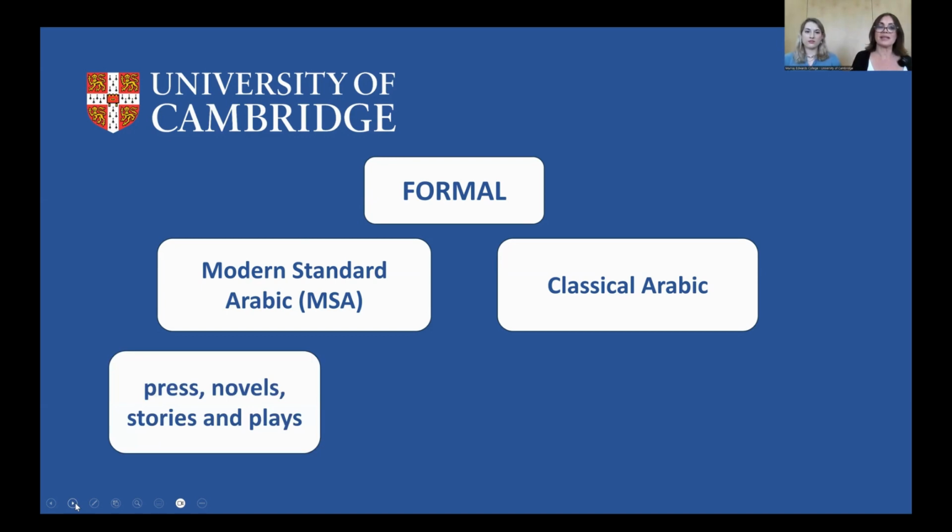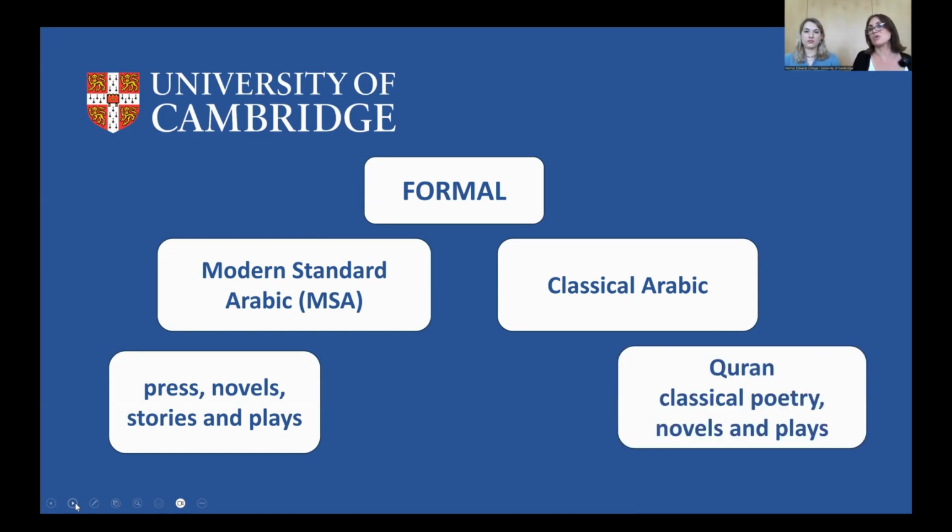Modern Standard Arabic is the language of the press, novels, stories, and plays, while Classical Arabic is the language of the Quran, classical poetry, classical novels, and classical plays. The students study Modern Standard Arabic, but some can also study literature that would involve Classical Arabic depending on the course, but we can come to that later on.